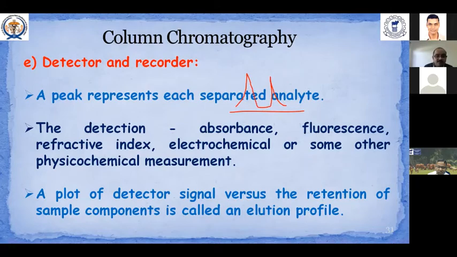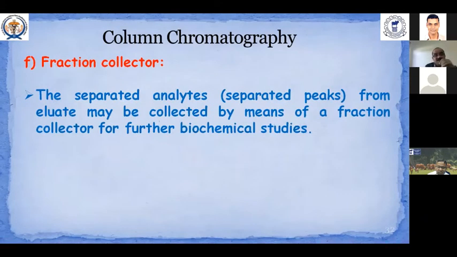The plot of detector signal versus retention volume, the retention volume and the peak signal of a component, is called the elution profile. Then finally is fraction collection. This fraction collector collects the separated analytes, that is, separated peaks from the eluate, and that may be used for further biochemical studies.